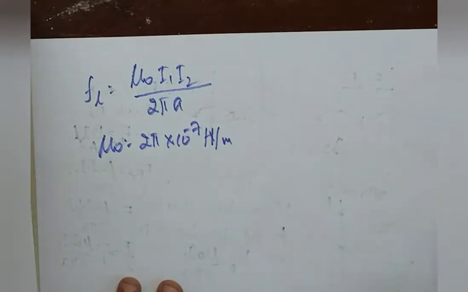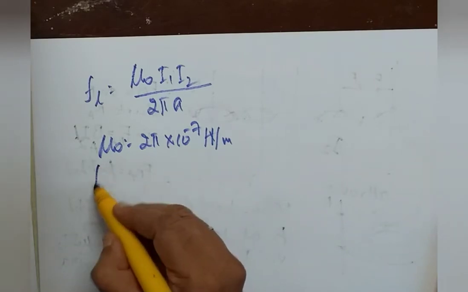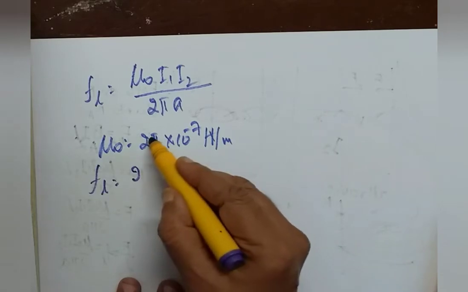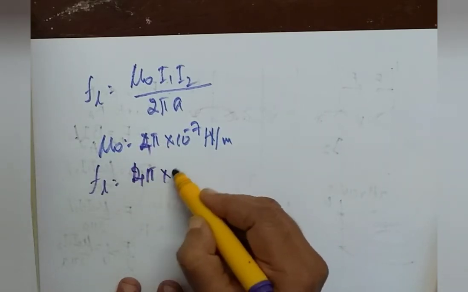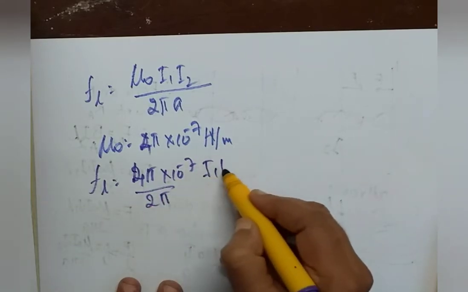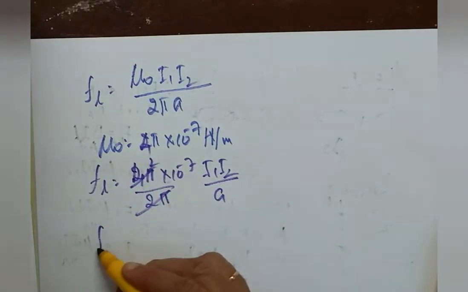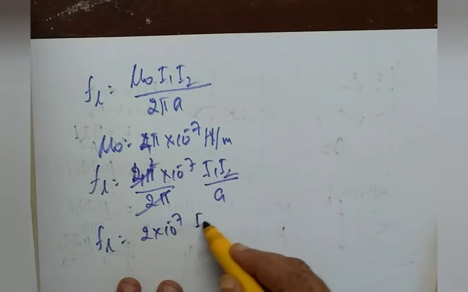If you substitute this, we get F by L as 4 pi 10 raised to minus 7 by 2 pi times I1 I2 by A. This 2 pi cancels, so F by L equals 2 into 10 raised to minus 7 I1 I2 by A.